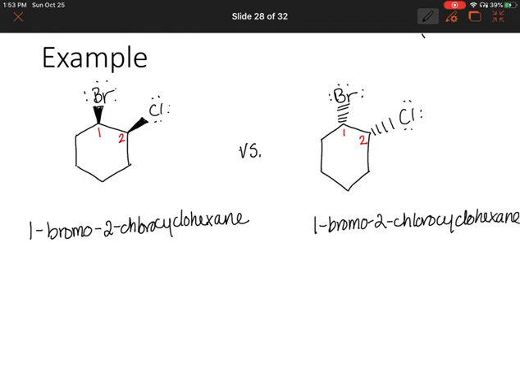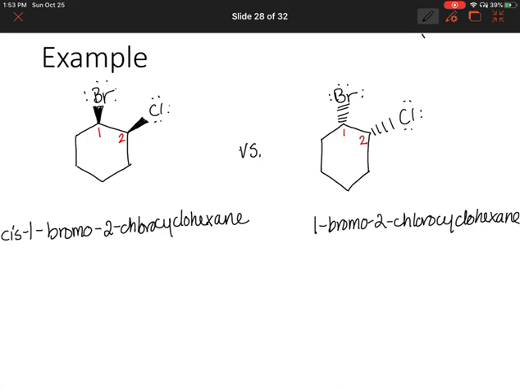Okay, so the first one on the left, both bromine and chlorine are in wedge positions. So they're both facing in the same direction. So we could call that cis 1-bromo-2-chlorocyclohexane, right? Okay, so now let's look at the other molecule. Bromine and chlorine are both dashed.